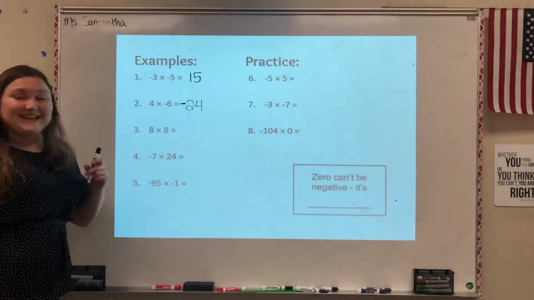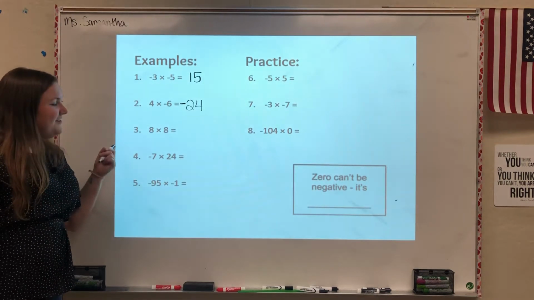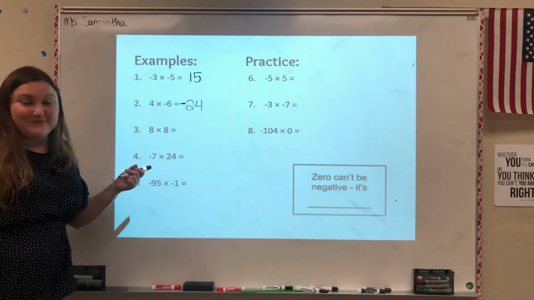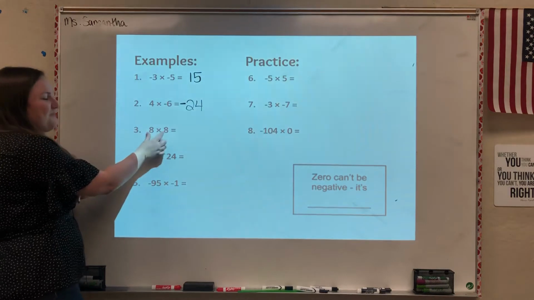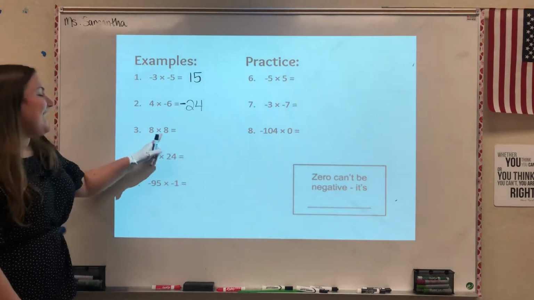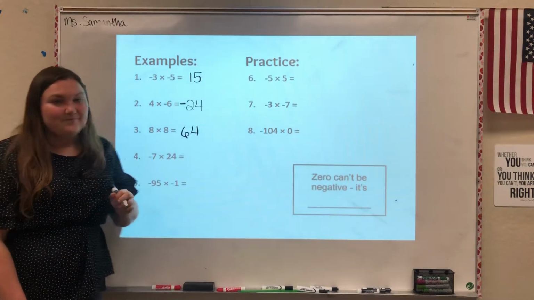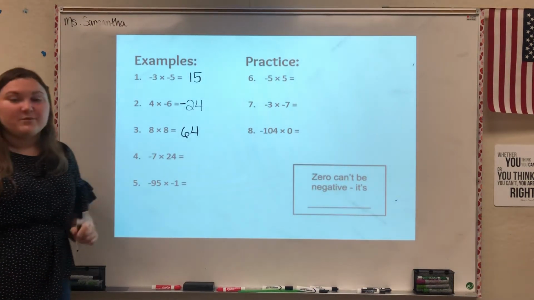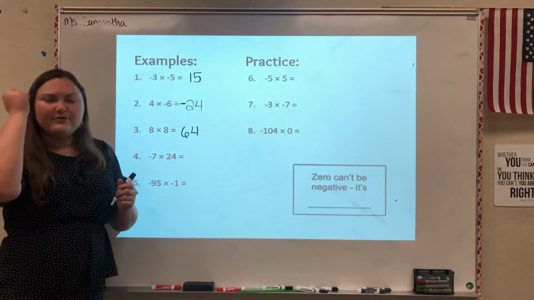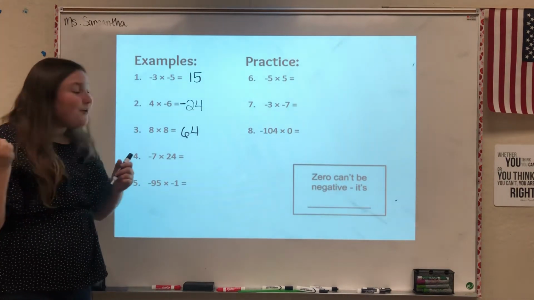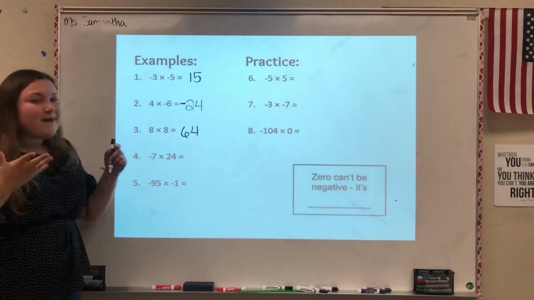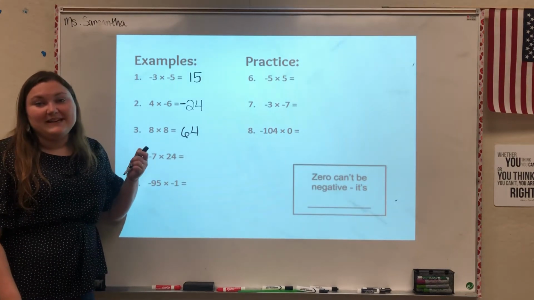Our next one, we've got 8 times 8. Well, 8 times 8, that's something you already knew. If you were trying to use your rules, they're both positive, so our answer is positive. 8 times 8 is 64. If any of these multiplication problems are one you just don't immediately know, you can always go back to what we said about multiplication being repeated addition.